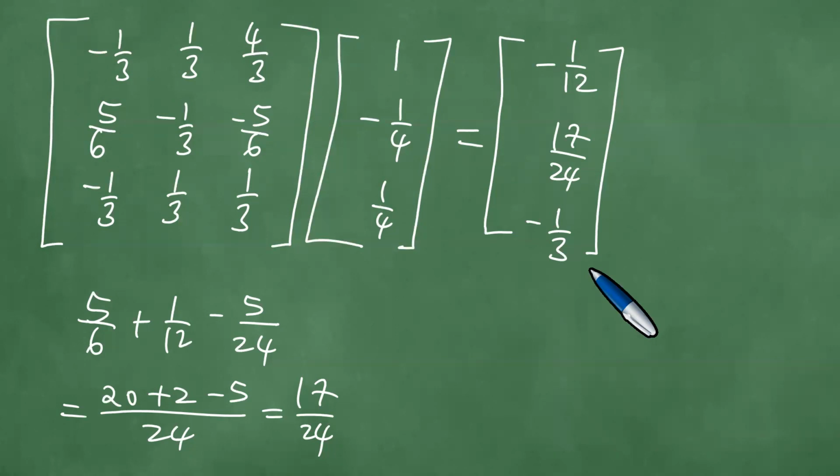Okay, and then we continue, and then we have 1/4. What's the answer? It's exactly that one there. Okay, good. So this is the correct vector on the right.